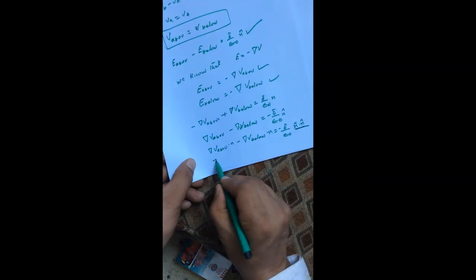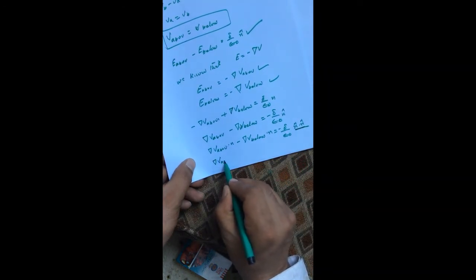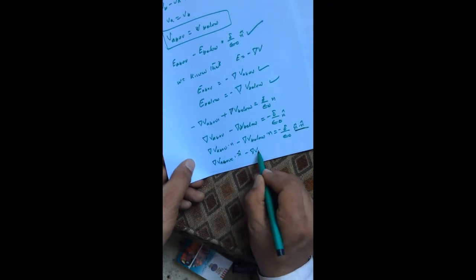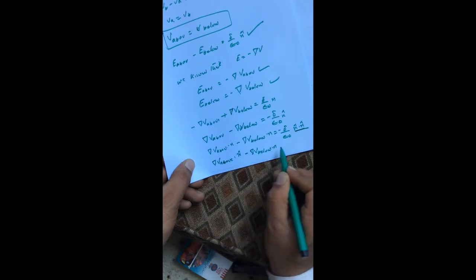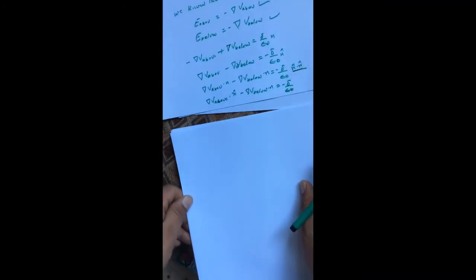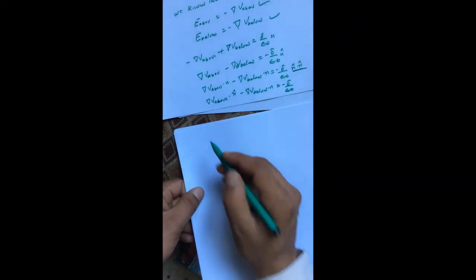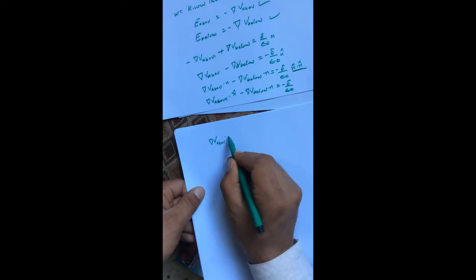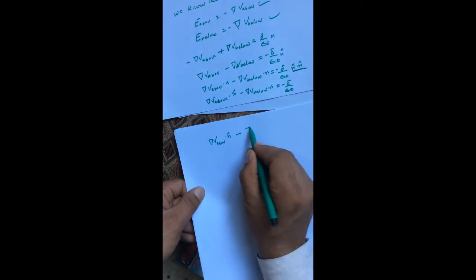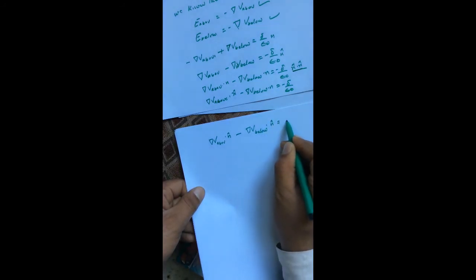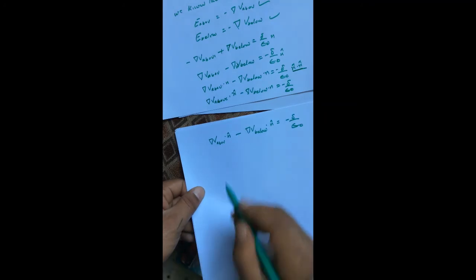So we have del V above dot n minus del V below dot n is equal to minus sigma divided by epsilon naught.